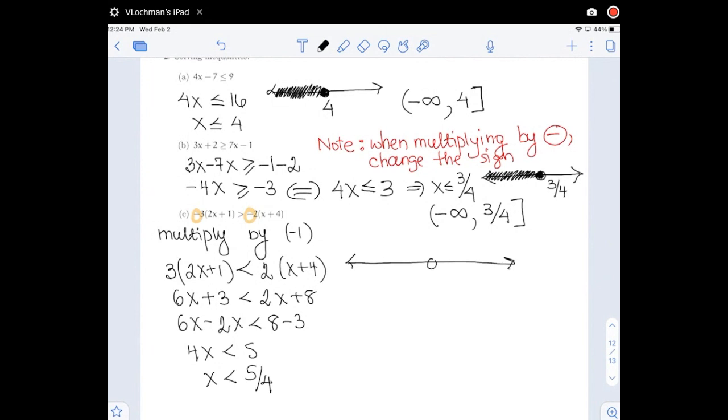We're not shading this, we're leaving it as a hollow dot. So 5/4, we're still going to the left. That's no problem. And then the interval notation for this solution is from -infinity to 5/4, with a parenthesis, not including the endpoint.